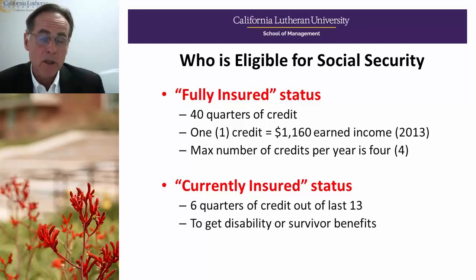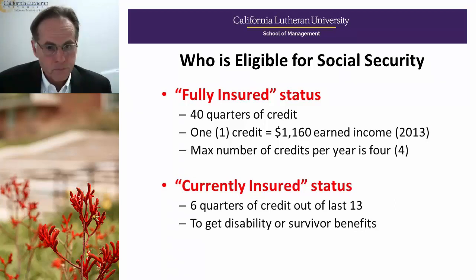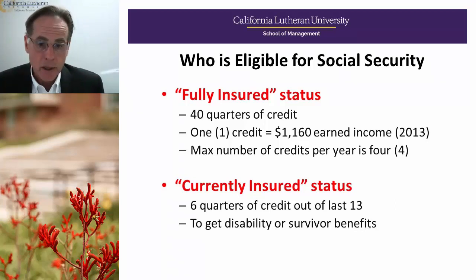Again, the dollar amount tends to go up each year. 2013, it was $1,160. So somebody earning, for example, $5,000 in 2013 would have earned 4 credits. Currently insured, as you can see here, is a lower amount. This really kicks in for purposes of survivor and disability income payments.